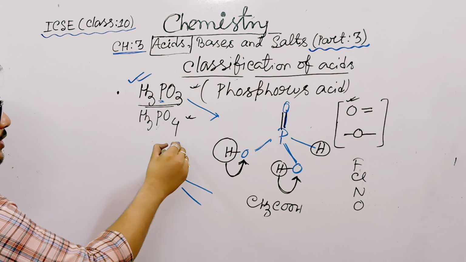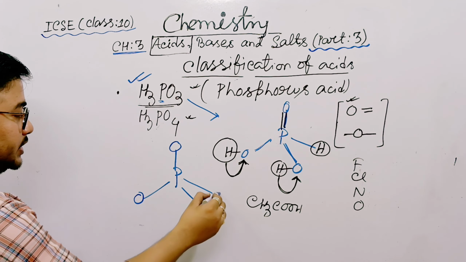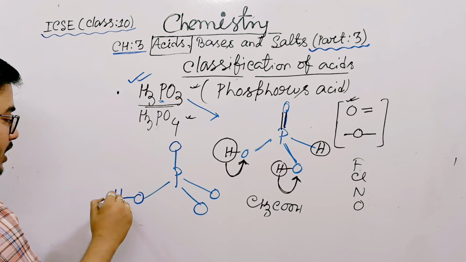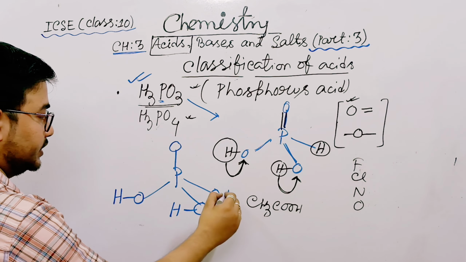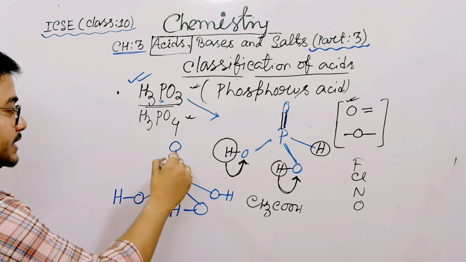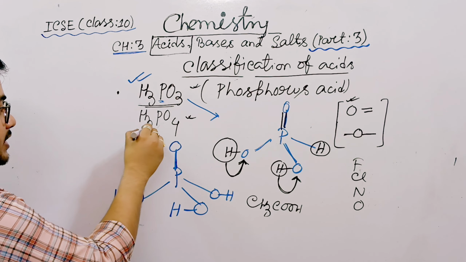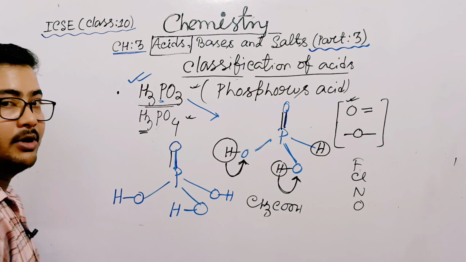So P, how many oxygen? 1, 2, 3, 4. How many hydrogen? 3. Can you tell me what will happen in this case? Because oxygen must form two bonds, and since hydrogen is over, it will form a double bond.